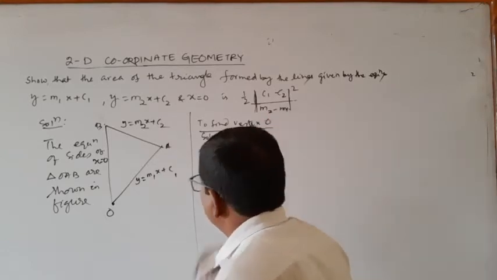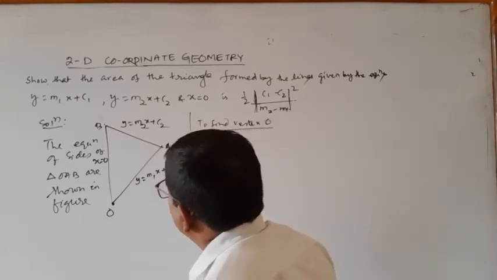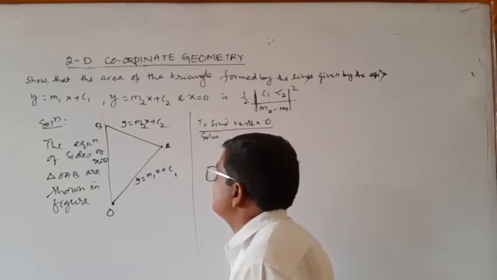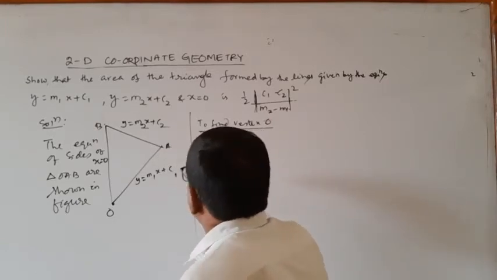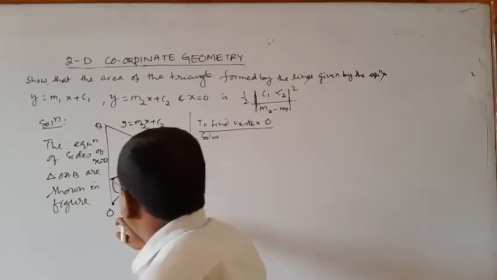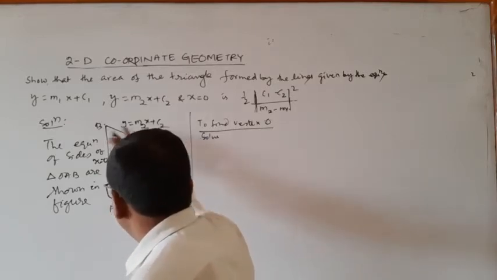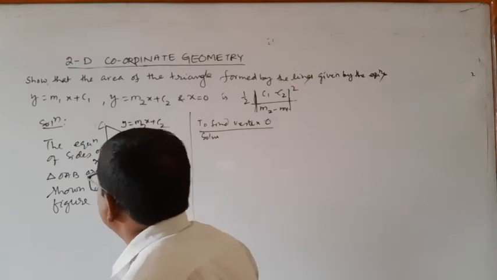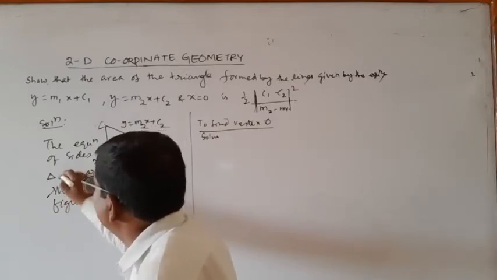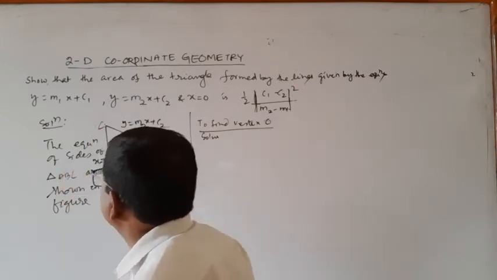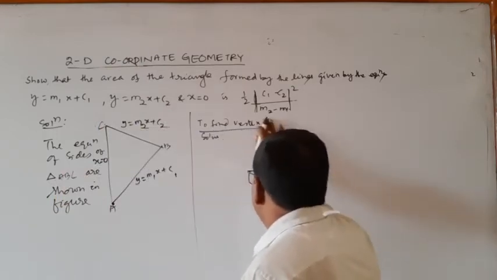Or you can take the triangle as ABC. Take A, B and C, suppose the triangle is ABC. So to find vertex A, solve.